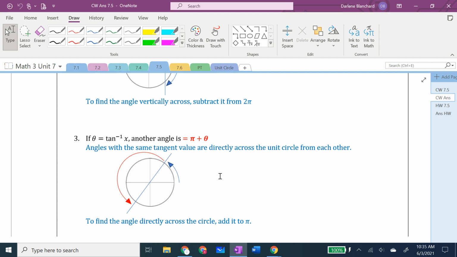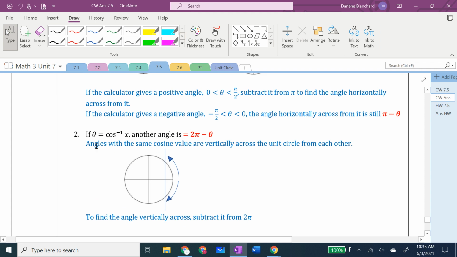So if it was cosine, it's add or subtract 2 pi, right? Once you get the two answers with cosine, they're not going to be nice like tangent is, because tangent has a period of only pi, but sine, cosine, secant and cosecant all have periods of 2 pi.